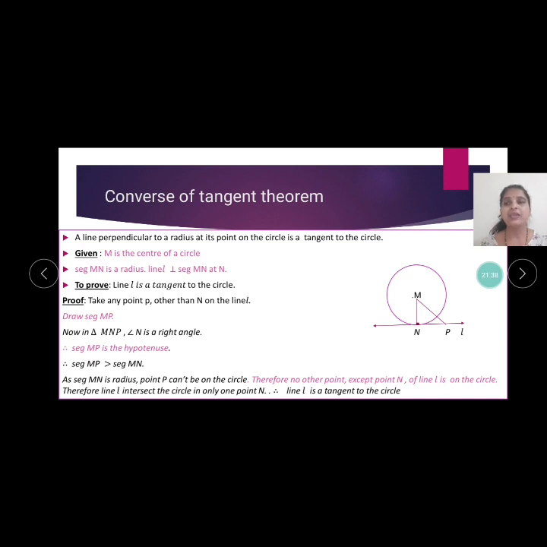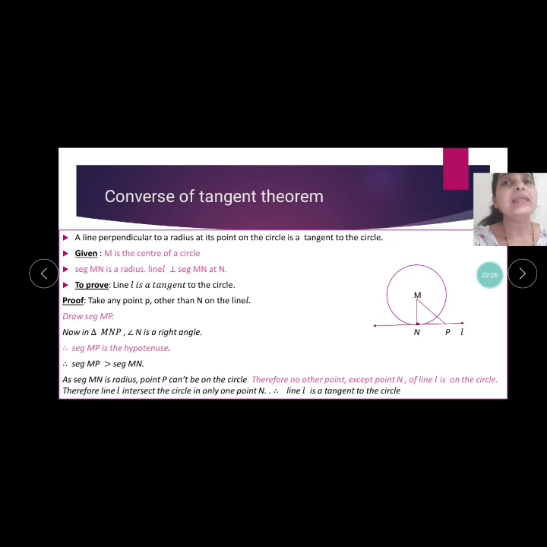As MP is greater than MN, what do we conclude? MN is the radius, so point P can't be on the circle. No other point except N of line L is on the circle.